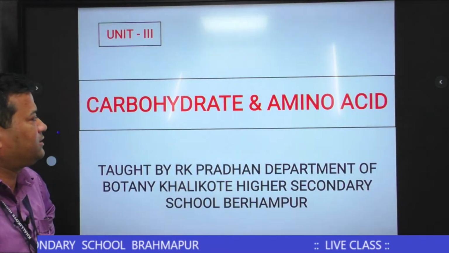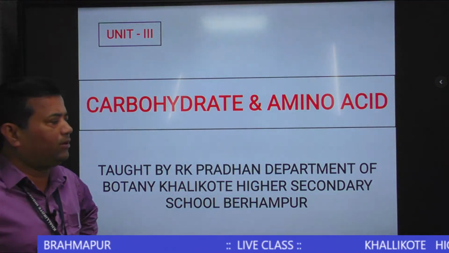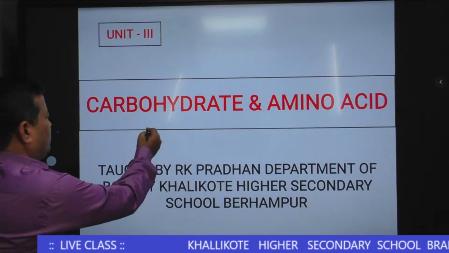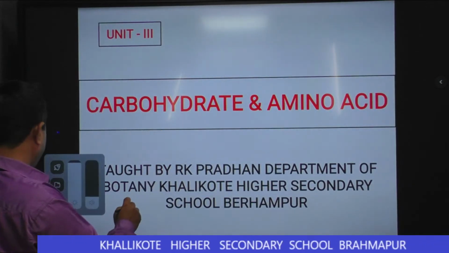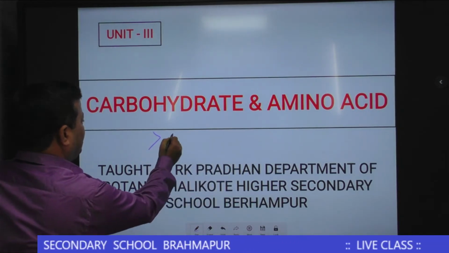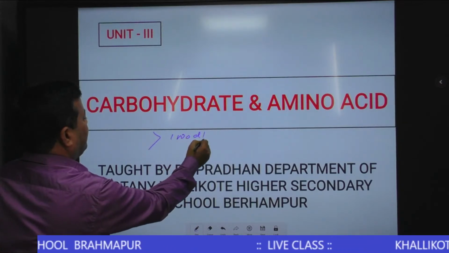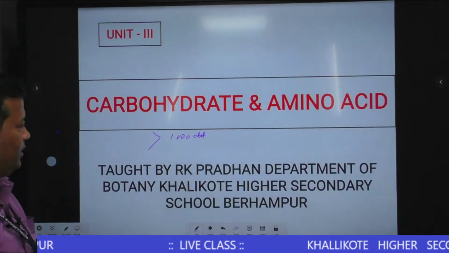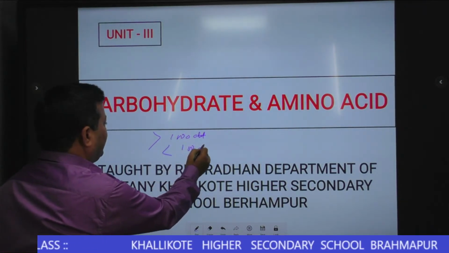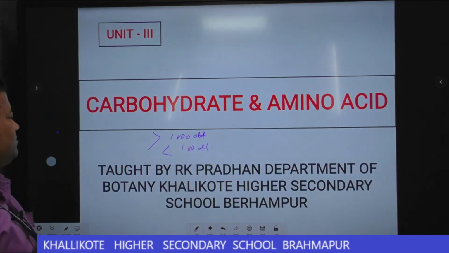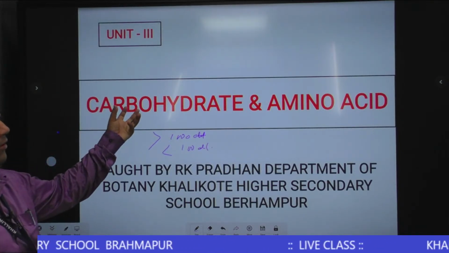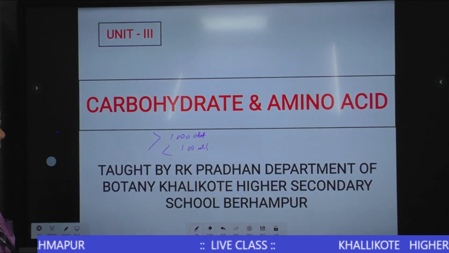There is some distinction between macromolecules and micromolecules. Macromolecules are those molecules whose molecular weight is more than 1000 Dalton, but micromolecules are those molecules whose molecular weight is less than 100 Dalton. Here carbohydrate is the macromolecule and amino acid is the micromolecule.